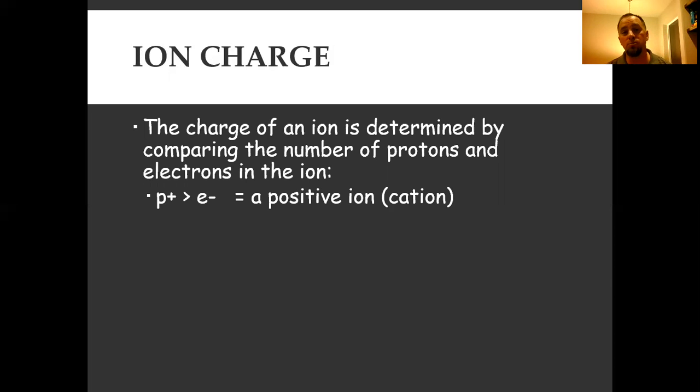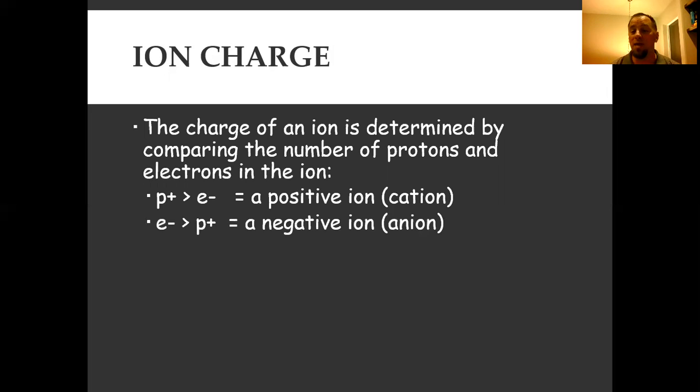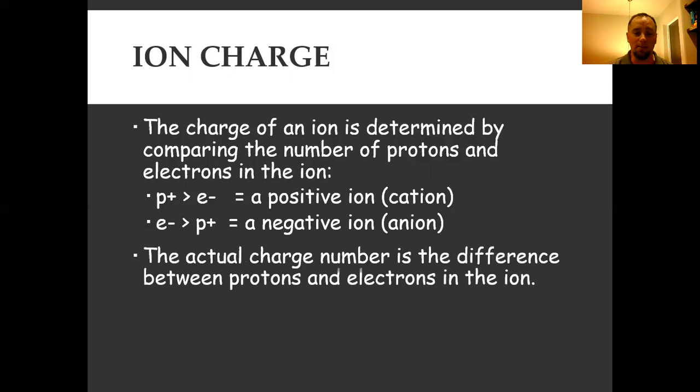More positively charged particles than negatively charged particles. One to one, they cancel out. But when there is more positive charge, you'll get a positive ion. If you have more negatively charged particles, or electrons, than protons, it will become a negative ion, or an anion.